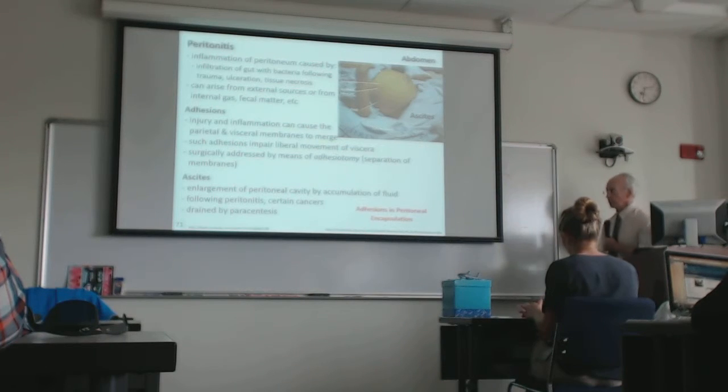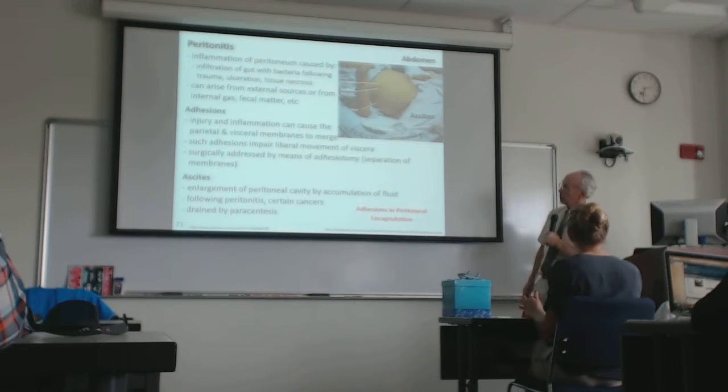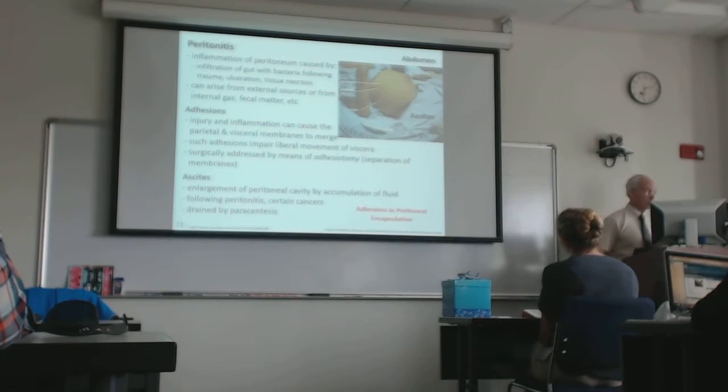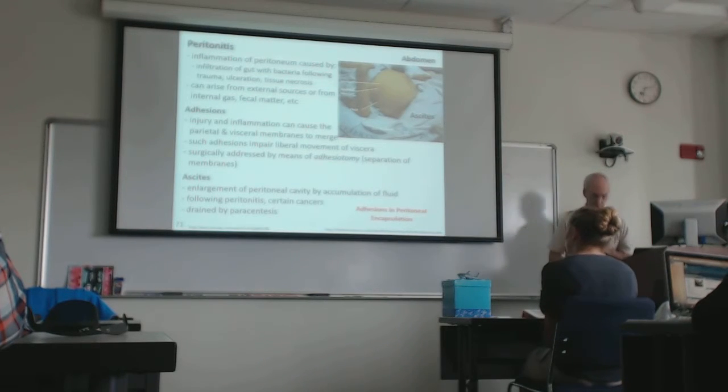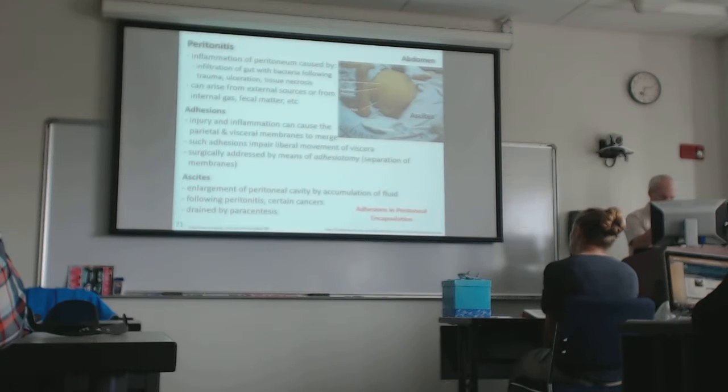We talked about pleurisy, pleural inflammation, pleuritis. Likewise, there can be inflammation of the peritoneum. Oftentimes, that's associated with some type of infiltration of bacteria from the GI tract. But it could also result from external trauma as well.